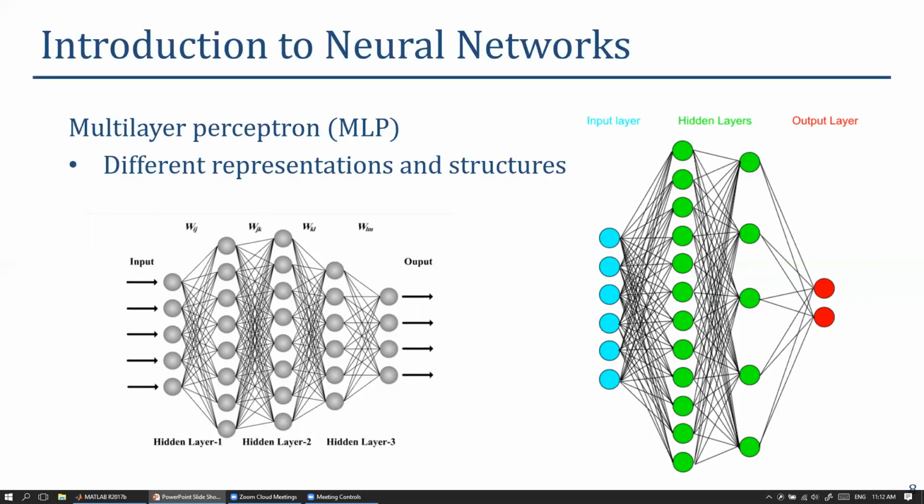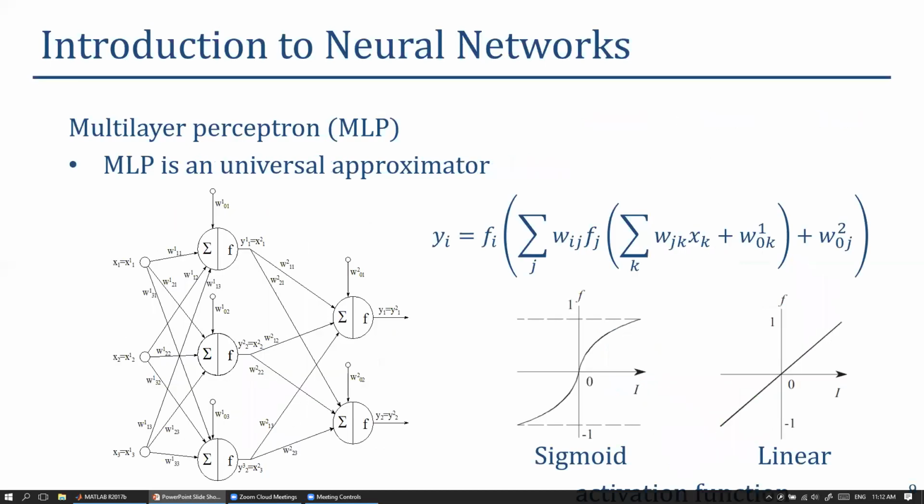Right. So now we are going to go through some types, well, actually two types of the network. First would be a multi-layer perceptron, MLP in short.